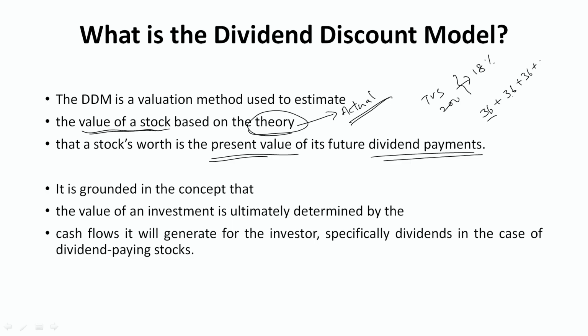But I am trying to find out the value of this 36 rupees which you would be getting at the end of 1 year, what is its value today? The value of 36 rupees which you would be getting after 2 years, what is its value today? In order to do this, I am going to discount it at a particular rate.